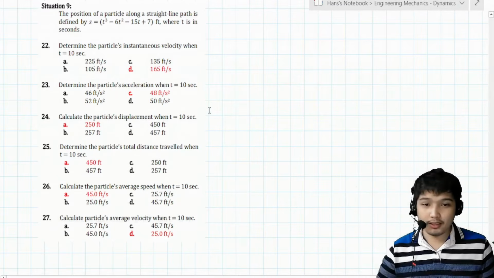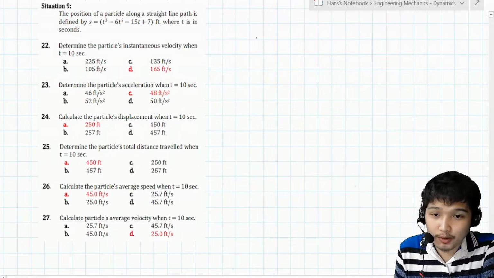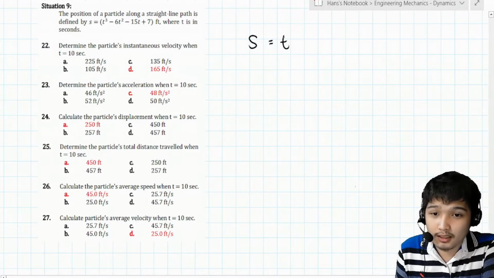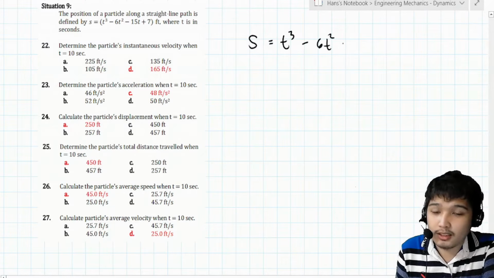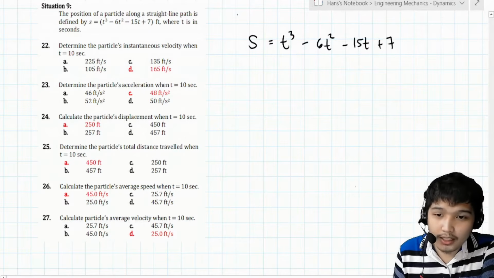So what is given here is the position equation. The position of the particle is expressed in terms of time t as t cubed minus 6t squared minus 15t plus 7. Kindly take note that it says s is position.